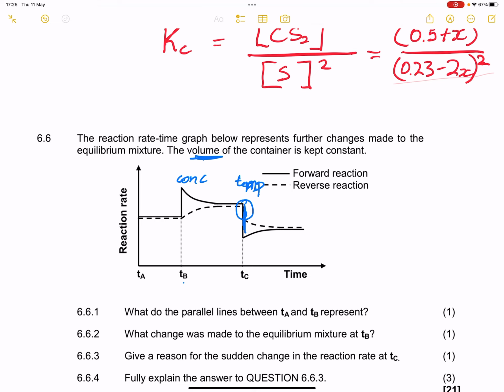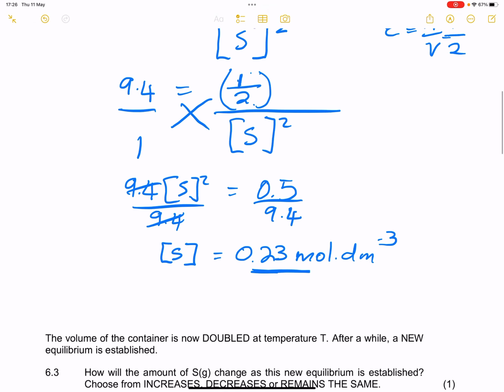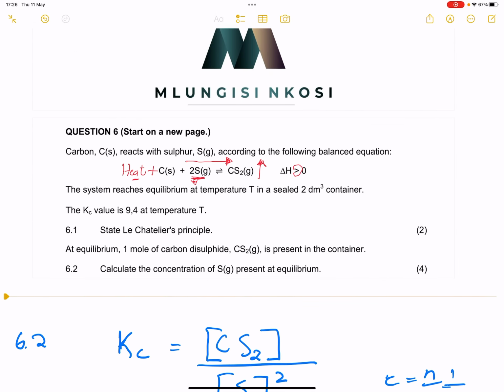A decrease in temperature, ladies and gents, will actually affect the endothermic reaction the most. And you can see how severely the forward reaction was affected, right? But in this case, what happens? It started actually picking up, right? So it would decrease. Then, according to Le Chatelier's principle, remember, once you change the temperature, in this case we decrease the temperature, a decrease in temperature will favor the exothermic reaction.